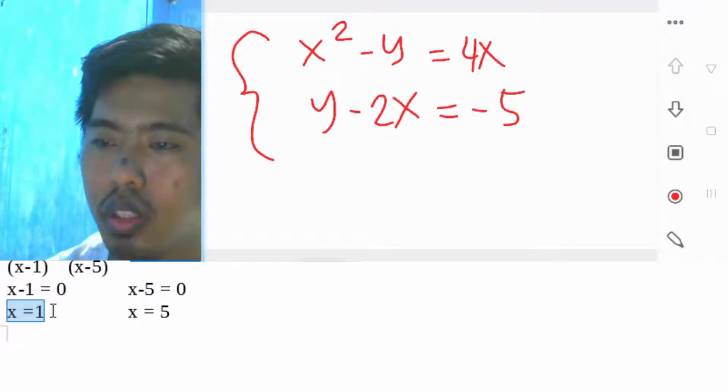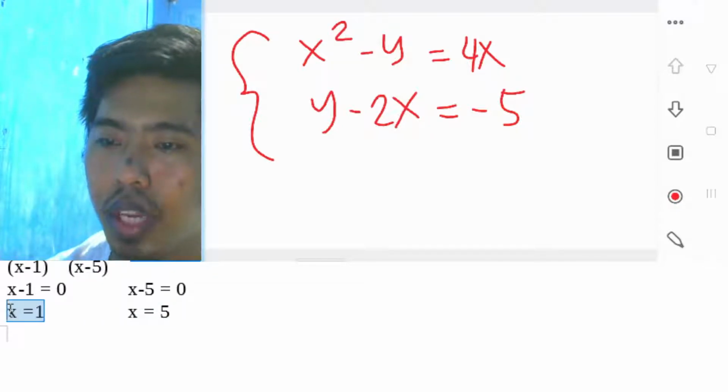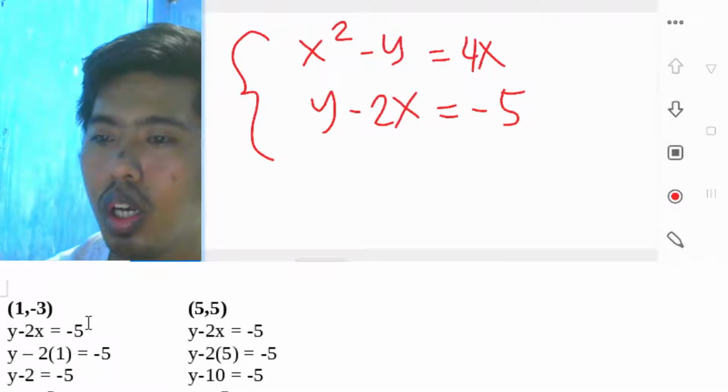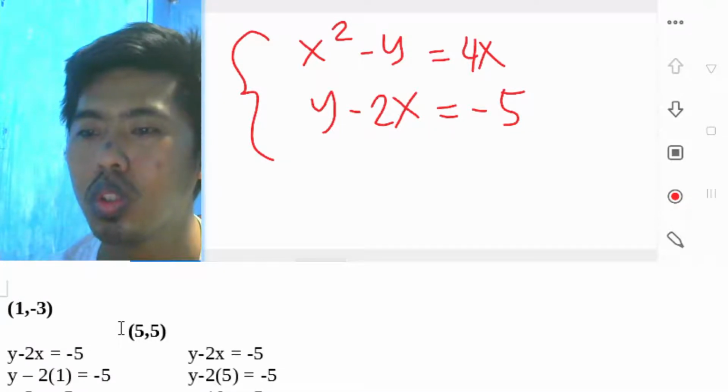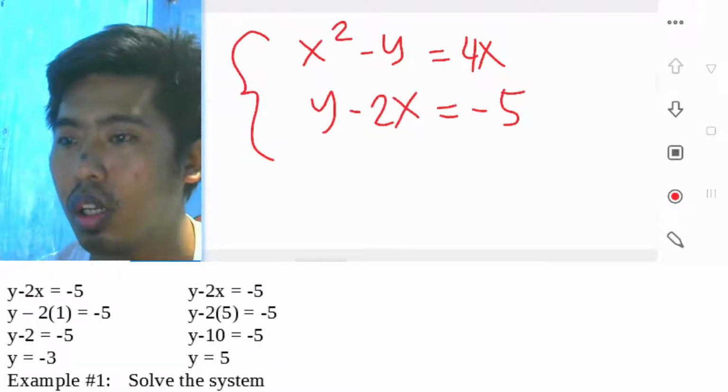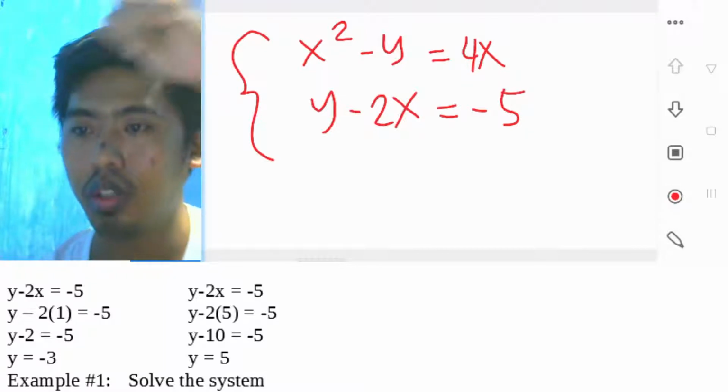Let's start with 1, then after that we can have 5. Let's find the y if the x is 1, and let's find the y if the x is 5. We can use any of those equations on the top here.